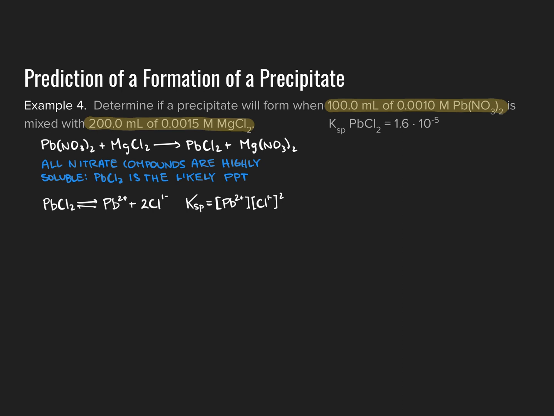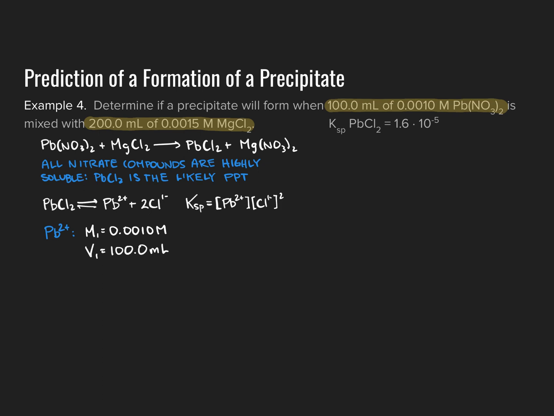So let's go ahead and use our dilution equation to make those concentration calculations. Now, the initial concentration of the lead-2 ion from my solution was 0.0010 molar from that lead-2 nitrate. So I'll label that as my initial molarity M1. The initial volume of that solution was given to me in the problem as 100 milliliters.